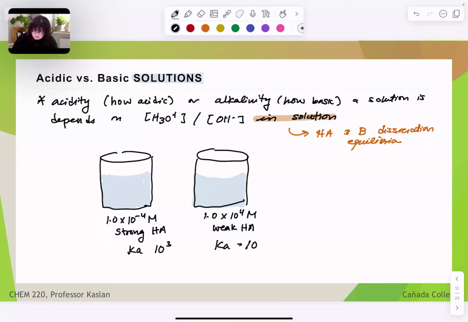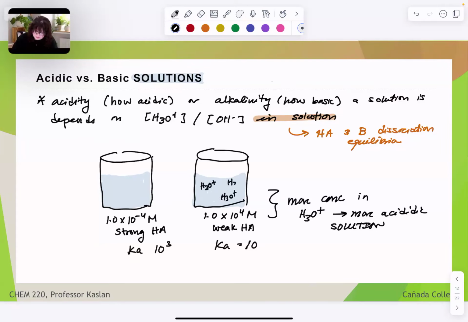Because this one is more concentrated in H3O plus, this would be a more acidic solution. So there's more H3O plus in this solution than perhaps in this one.